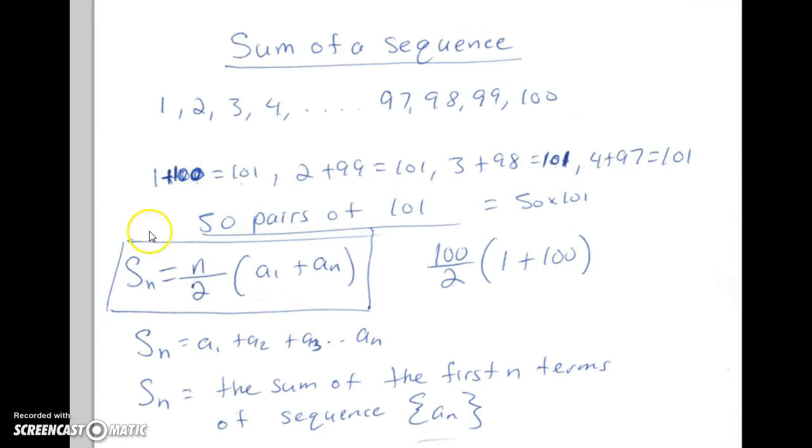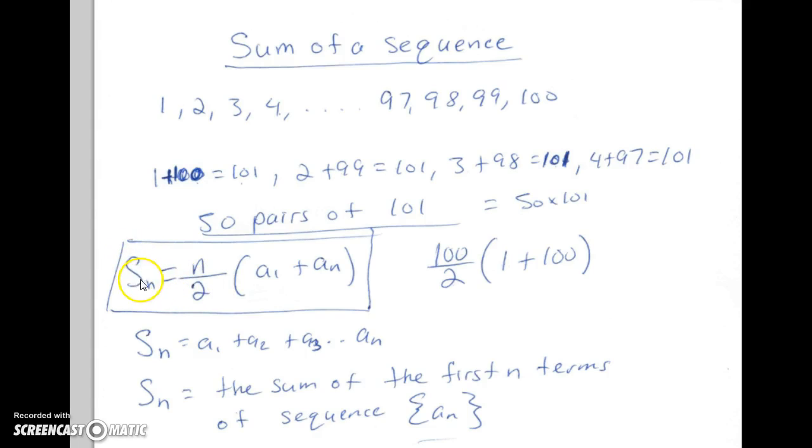Okay, here's basically what we did. We took the first term, which is 1, plus the nth term, in this case the 100th term, which is 100. So that's the first term plus a sub n. And how many terms? 100. So 100 over 2 times 1 plus 100. So here's your formula.